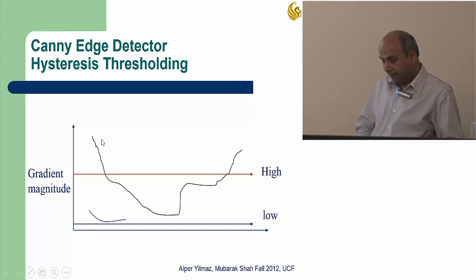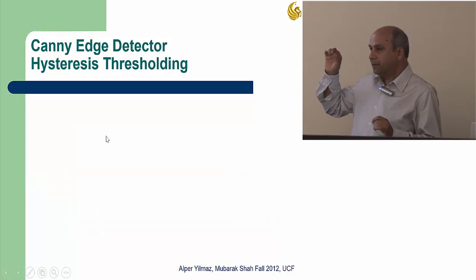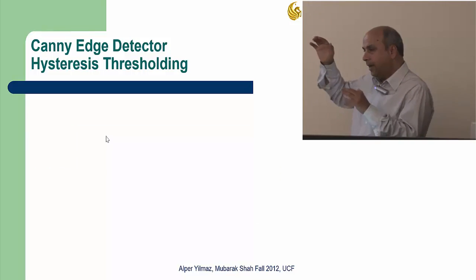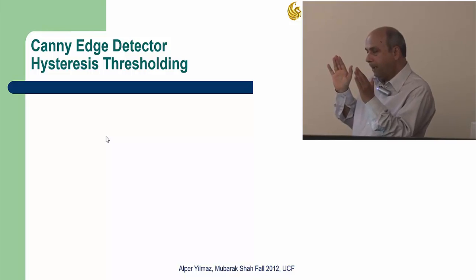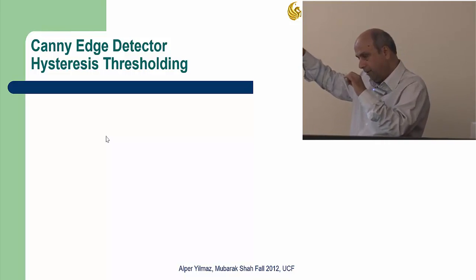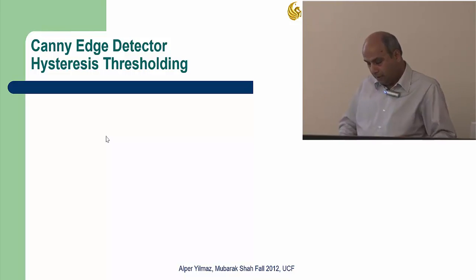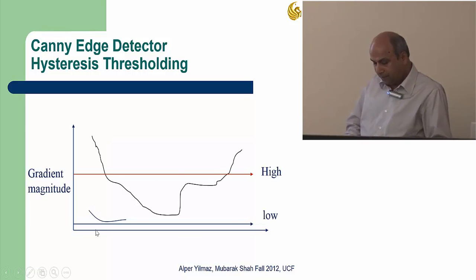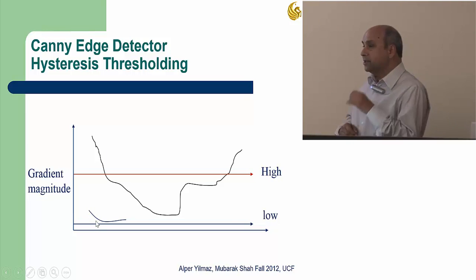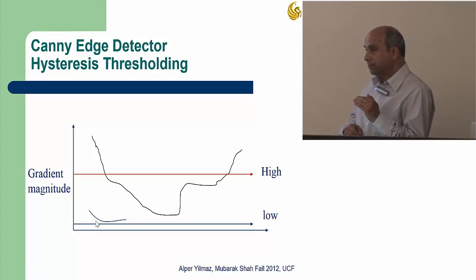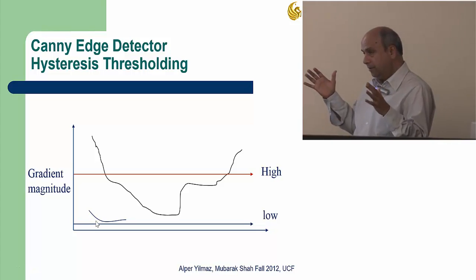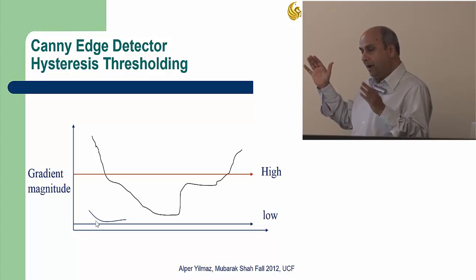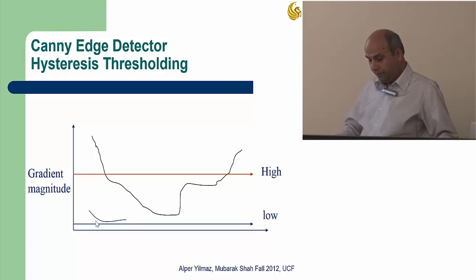So this whole thing we selected. If there's only a single point on that contour above the high threshold, and all other points are above the low threshold, we'll select the whole thing and get a nice contour. But this will not be selected because there's none above the high threshold, so we'll get rid of that. That's called hysteresis thresholding, how we use the high and low thresholds.